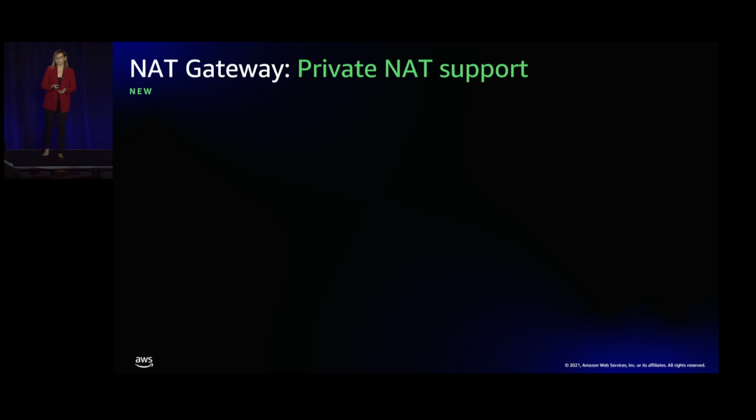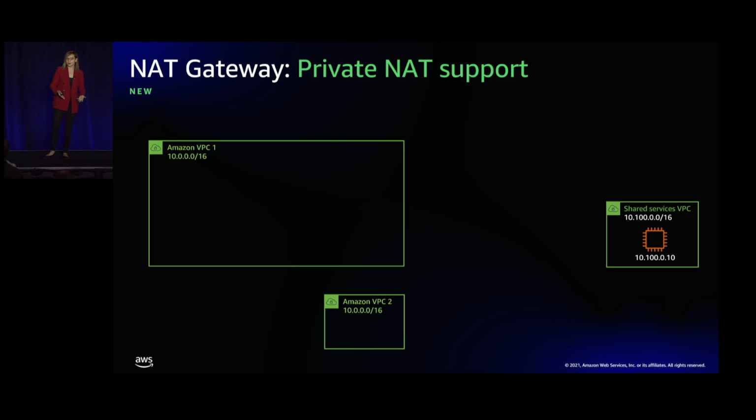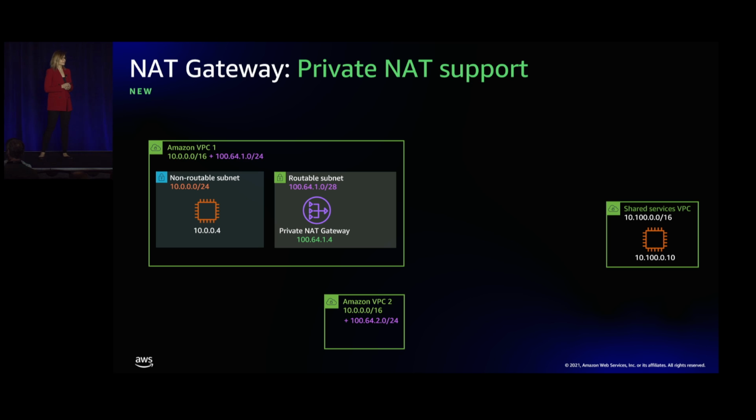Let's look at a traffic flow and how we can enable two VPCs with overlapping IP space to talk with the shared services VPC first. We have resources that need to be accessed centrally from all our VPCs in our environment. What we do is add a non-overlapping IP space to our VPC and spin up that private NAT gateway in the non-overlapping space.